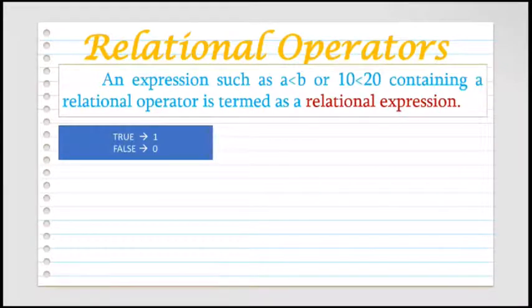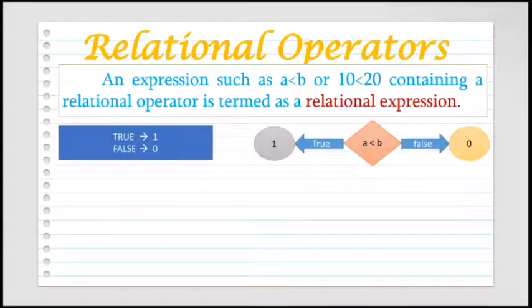If the relational expression is true, then it will be 1, and if it is false, then it will be 0. For example, if A is less than B is true, then the result will be 1, and if A is less than B is false, then the result will be 0.